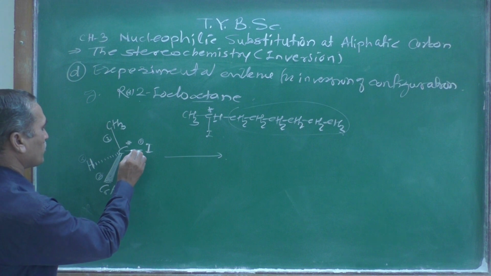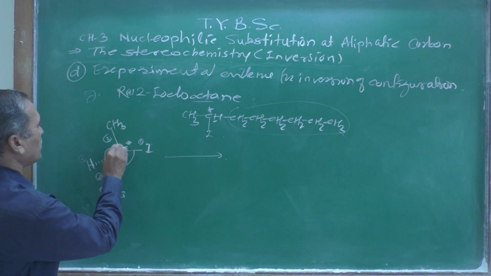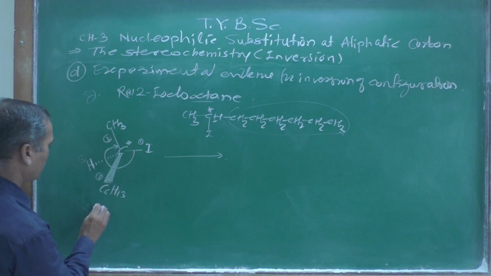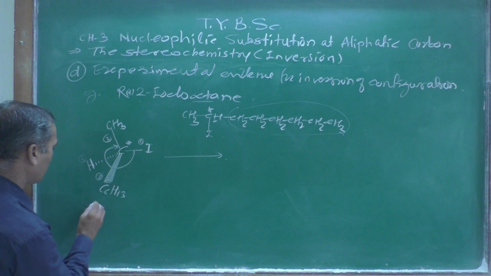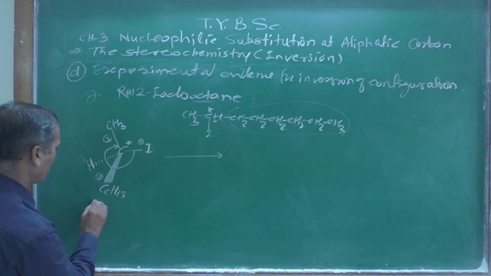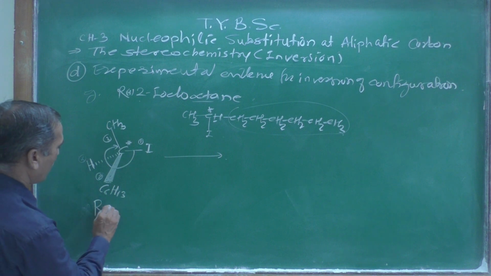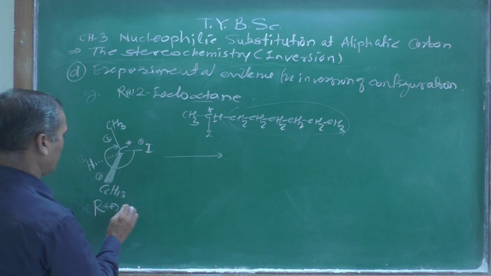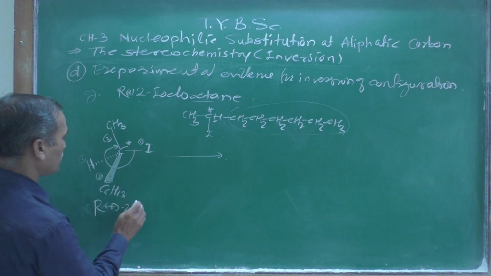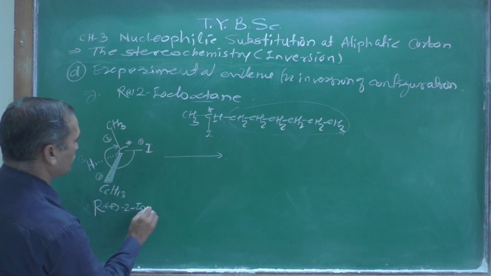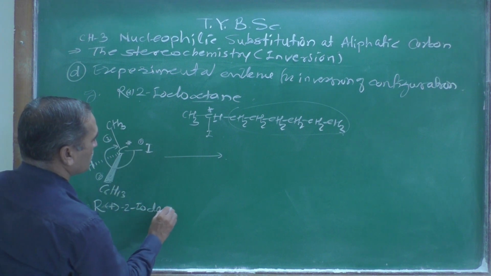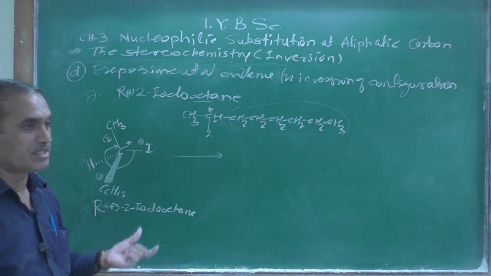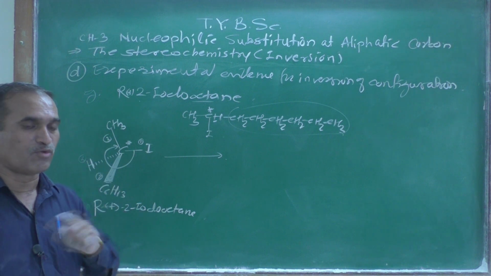What type of rotation is it? It is a right hand side rotation, meaning dextrorotatory, and therefore it is denoted by R-(+), the dextrorotatory, at the 2 position of iodine: 2-iodooctane. This is its name. Now this substrate is optically active. Why optically active?